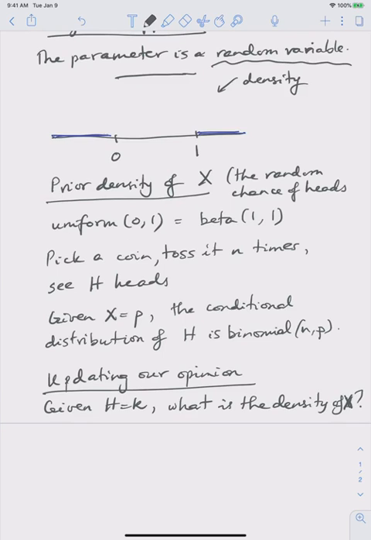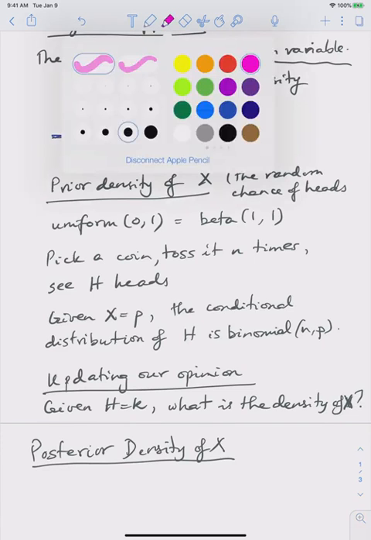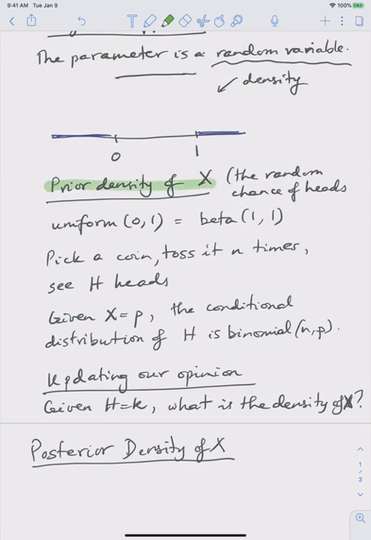This density, which is calculated after we see the data, is called the posterior density of X. And so let us start noticing some language here. So we have the prior density, that is before the data, that's our opinion of the coin before the data. And then there's the posterior density, which is our opinion of the coin after we have seen the data.